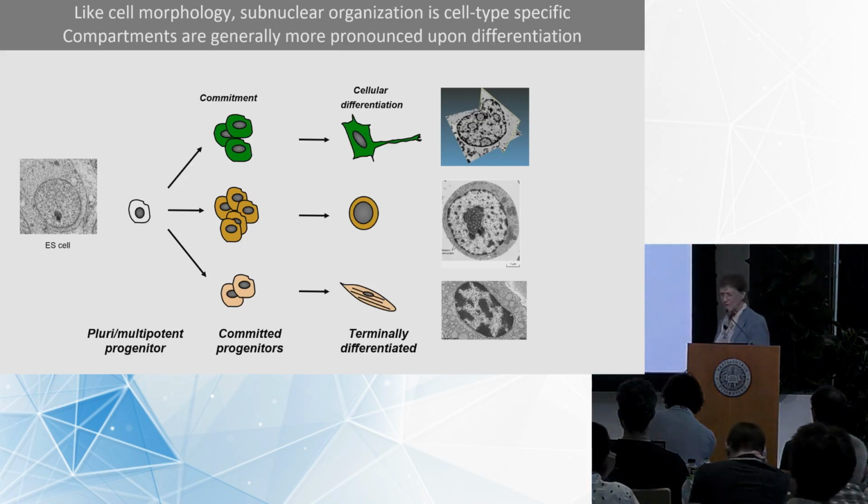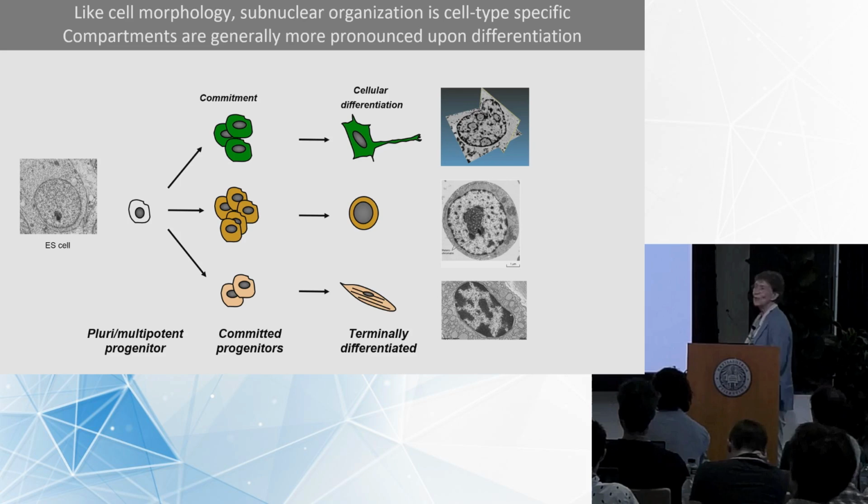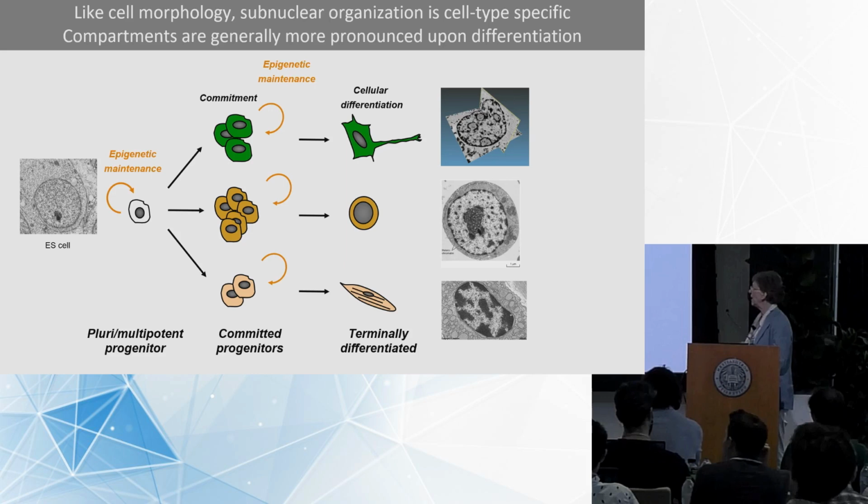Now, it is important to remember that nuclear organization changes with differentiation, and ES cells look almost like the electron micrographs, rather nondescript, except sometimes nucleolar, sometimes around the periphery you see something. But as cells commit to progenitors and then terminally differentiate, you see this enhancement of the separation of euchromatin and heterochromatin, and these are, of course, all stages. Since this is the same genome, it's just epigenetic marks that are maintaining the differentiation.